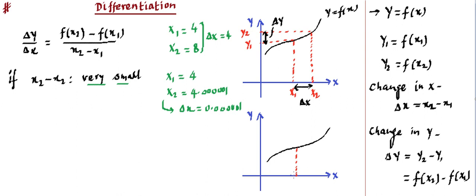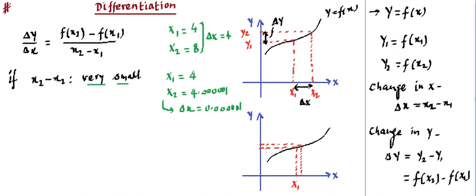So that's x1, but this time we are taking the x2 very close to this x1. Now I'm showing a bit of a gap, but the gap can be even lesser than this. Then you'll find the first value you are going to get at this number, and the second value you are going to get at this y.